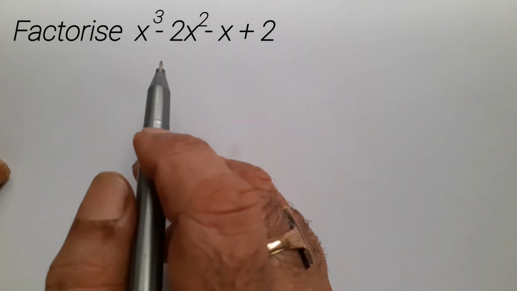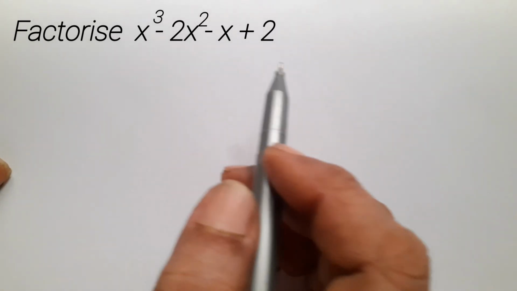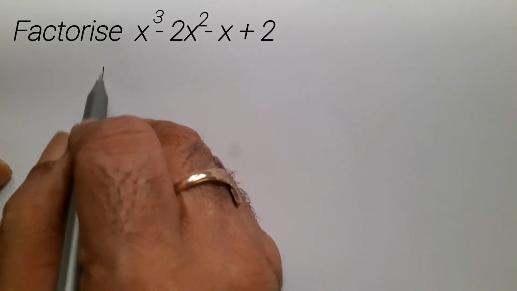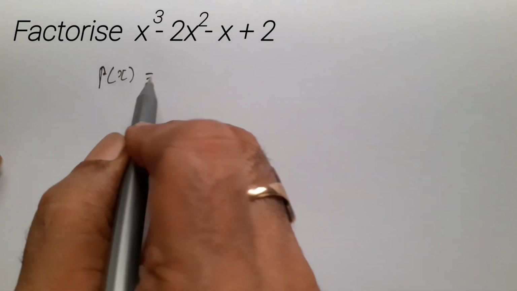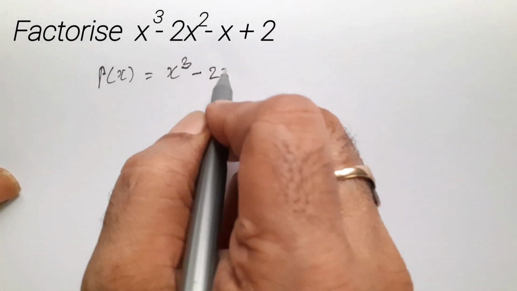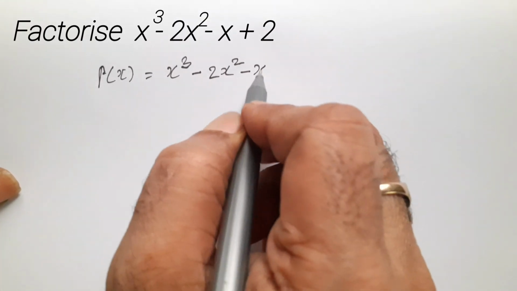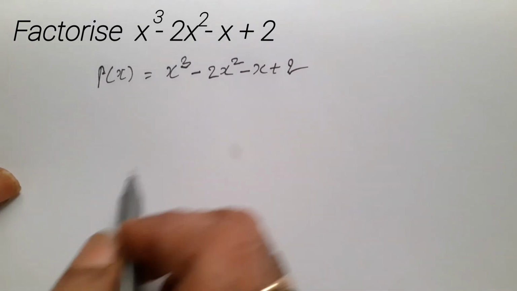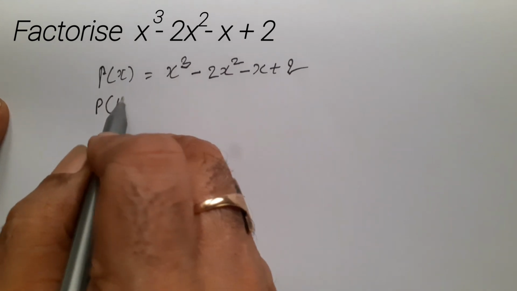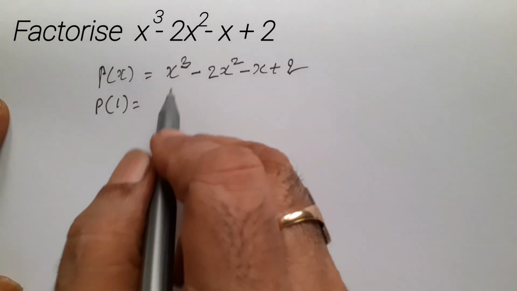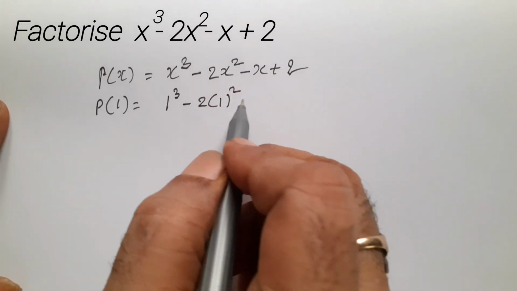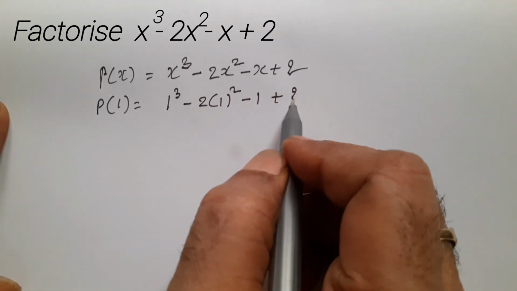Factorize x cube minus 2x square minus x plus 2. So take p(x) equal to x cube minus 2x square minus x plus 2. First you take p(1) and find whether you get 0 or not. 1 cube minus 2 into 1 square minus 1 plus 2.